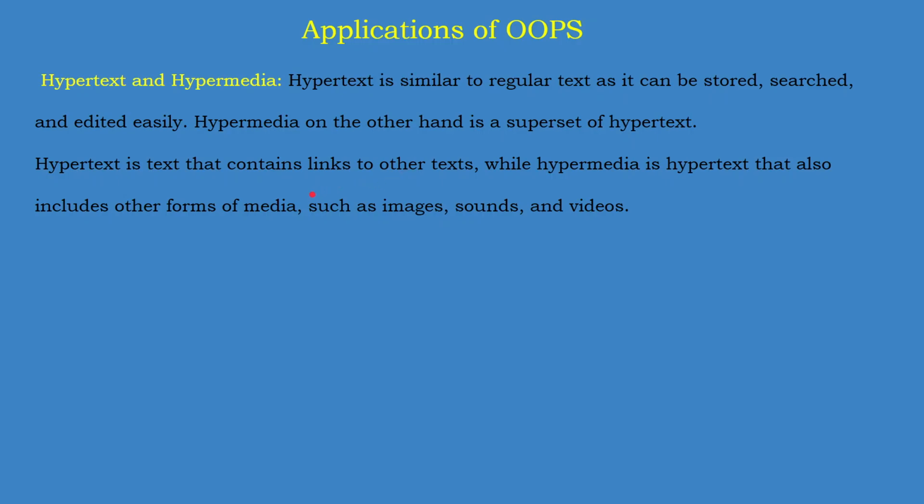When you click on one link, it takes you to another part of the document, which contains other links that connect you to further parts of the document. That way we are able to navigate through the document in a specific manner. That is called hypertext. Hypermedia is a collection of all media, including hypertext as well as images, sounds, audios, and videos.